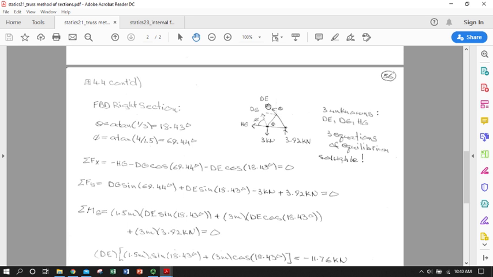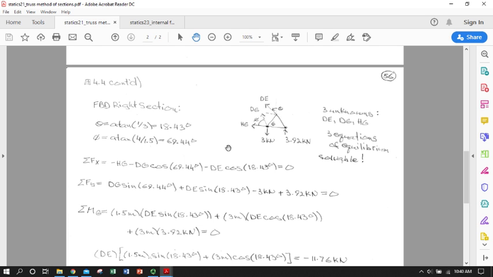I don't know their direction. In other words, the magnitudes could be positive or negative, but I know the direction of orientation. Three equations and three unknowns. I'm ready to go. Now I'm back to just a standard old statics problem that I can solve. And in solving it, I will get all three of these numbers, including the one I want. And so that's how you proceed.